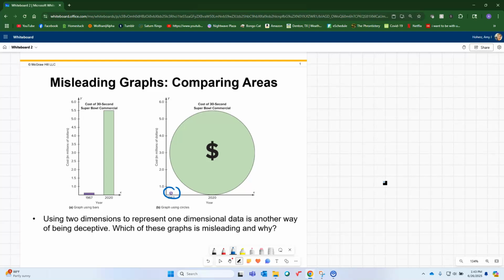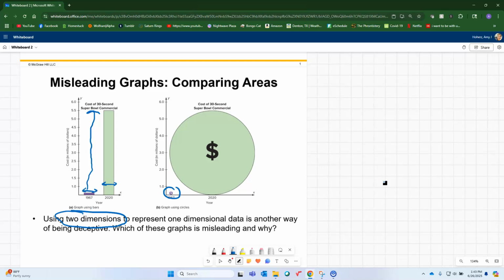Well, when you use a 2-dimensional shape, a bar is a 2-dimensional shape too, but we're only increasing from here to here. We're only increasing how tall it is. You notice the width of this bar and the width of this bar are the same.